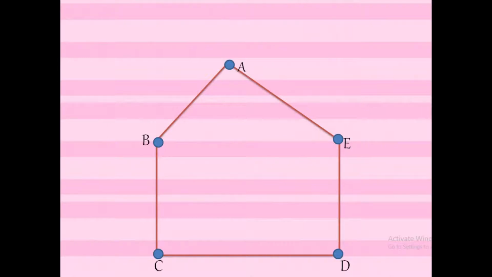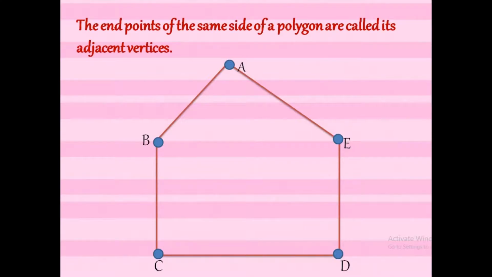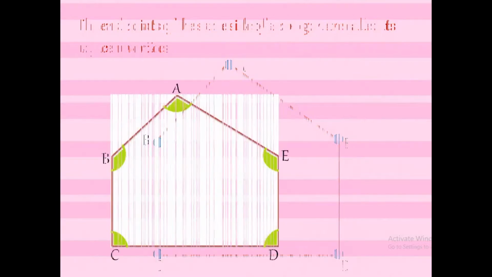In the same way, A and E are the endpoints of the line segment AE and therefore A and E are called adjacent vertices. We can define adjacent vertices as the endpoints of the same side of the polygon, or the endpoints of the same line segment in the polygon.